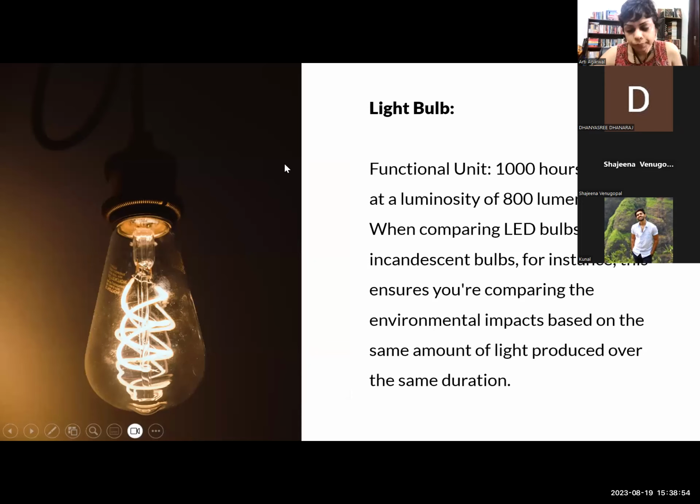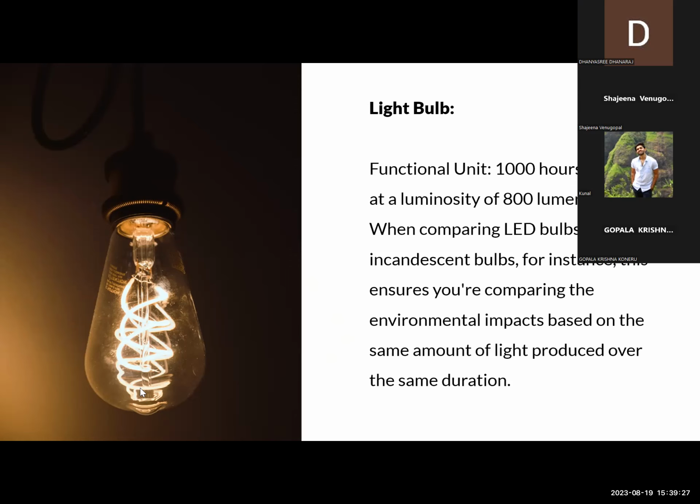This is the third example, for example, a light bulb. In a light bulb, again, if you're comparing your normal light bulb with LCD, LED, with something else, the tungsten filament, there are new bulbs these days which are rechargeable, and there are solar bulbs, all different types of bulbs.